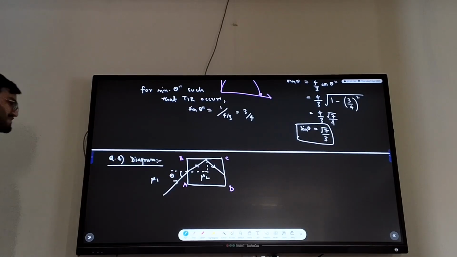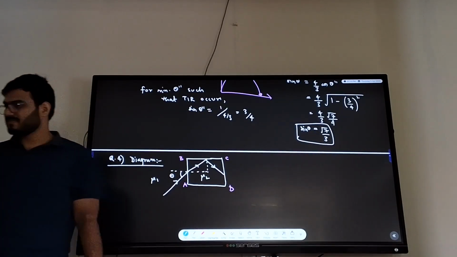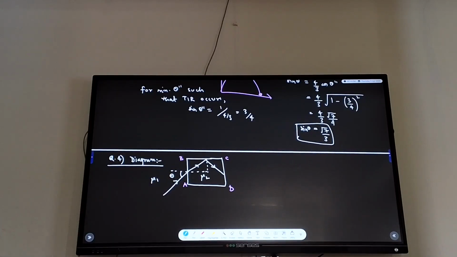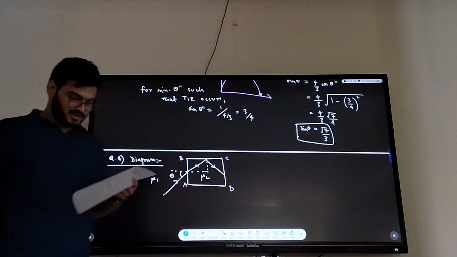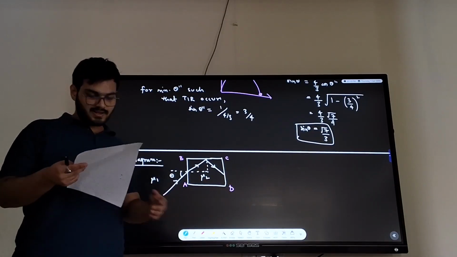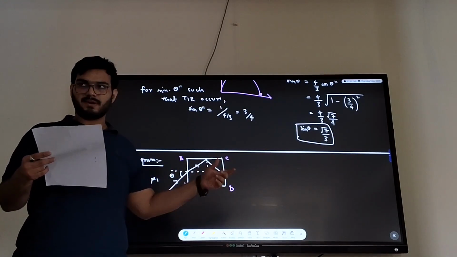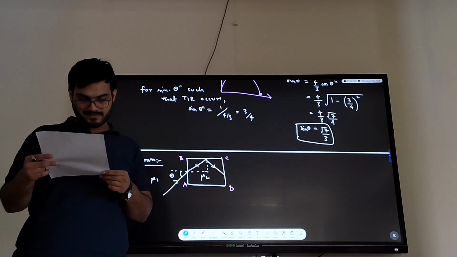Good. Question number 4. What are they asking, by the way? In question number 4, they are asking: this is a cube of side D made of some material mu2 and it's immersed in material mu1.